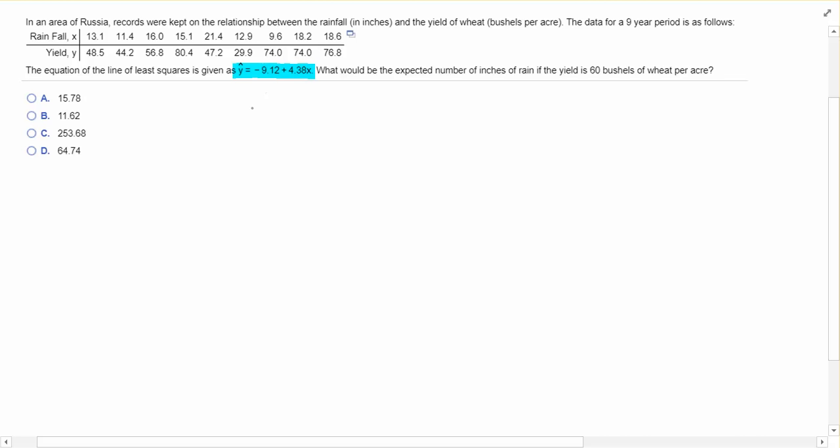Remember that the yield is going to be my y variable, and the rainfall is going to be my x variable. What we're given in the problem is 60 bushels of wheat, so that's the yield, and we want to know what is the expected inches of rain.